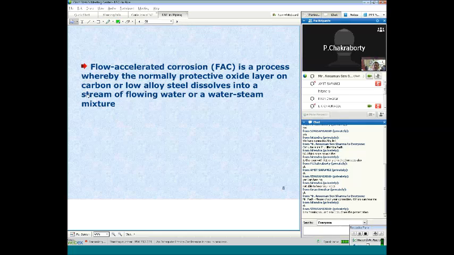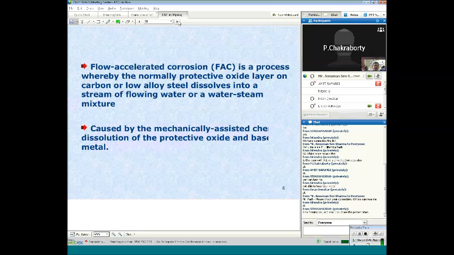That means it is happening in single phase flow, and sometimes in two-phase flow of water and steam too. And this is happening because the magnetite layer, or the protective layer, is getting chemically dissolved, which is also mechanically assisted in some way.